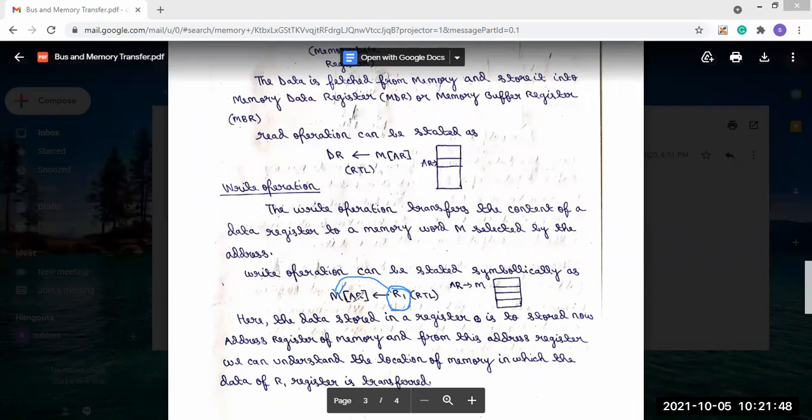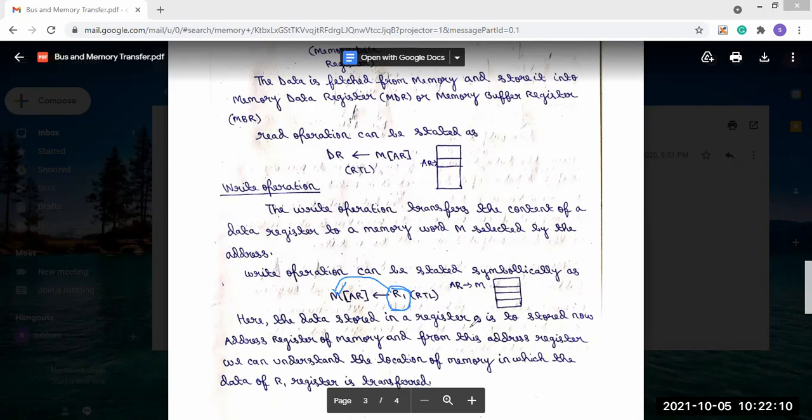The address register is holding the particular address, so the data stored in the register will go to the memory first, and in the memory the address register is present which is holding that particular location. So in that particular location the data will be transferred. This is the write operation.